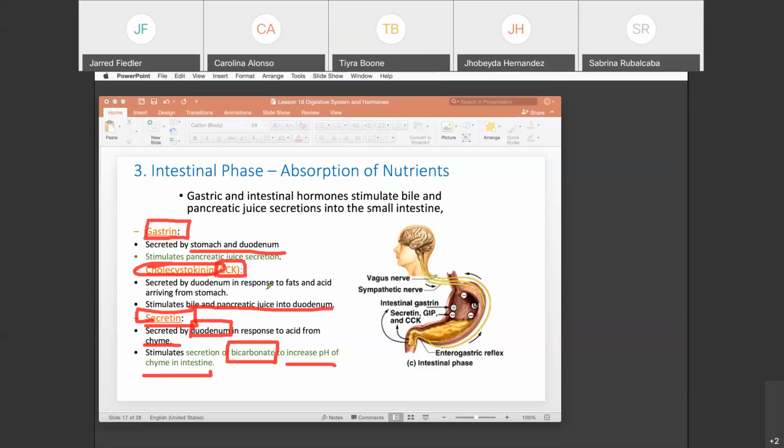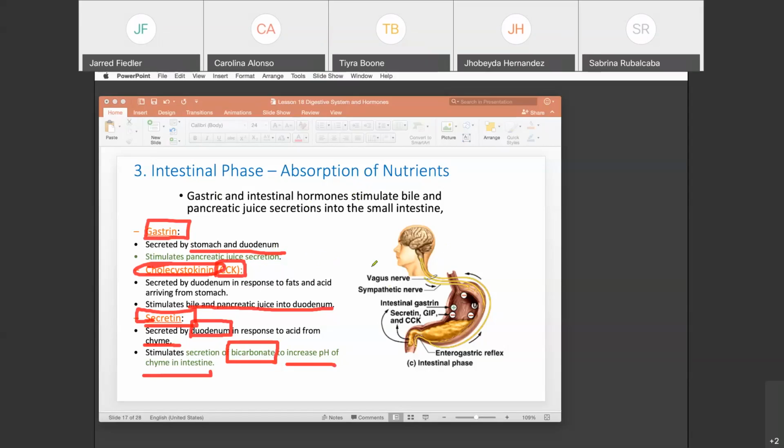That's what I want to mention on this. Oh yes, the bullet point on the top. Now the gastric and intestinal hormones, all these collectively, I mean, this is reiterating everything I just said. They stimulate bile and pancreatic juice secretions into the small intestine, so that's one of the functions of all these hormones. Specifically, CCK does this, and gastrin. So just remember what all these three do, okay? It's pretty straightforward.